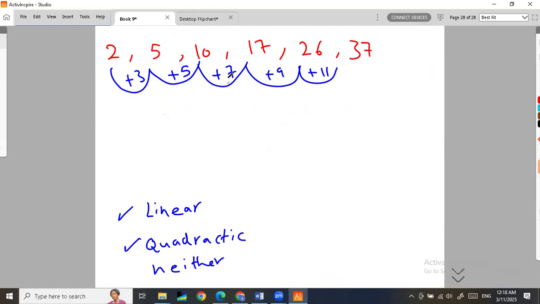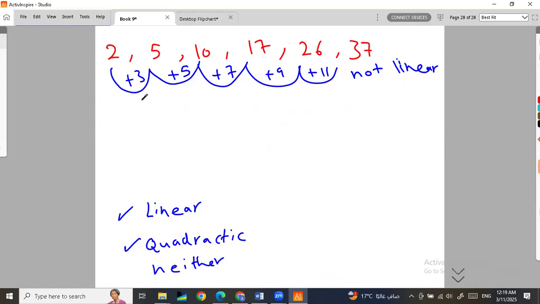Am I adding the same amount every time? No. Then definitely it is not linear. If the first differences were all the same, then it would have been linear. But here the first differences are not the same, so it is not linear.